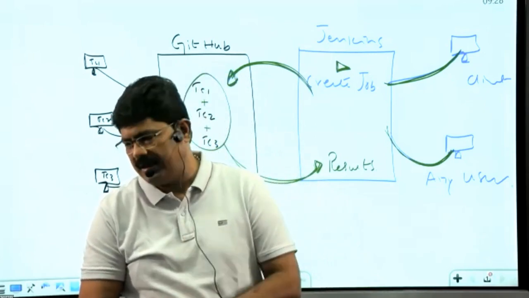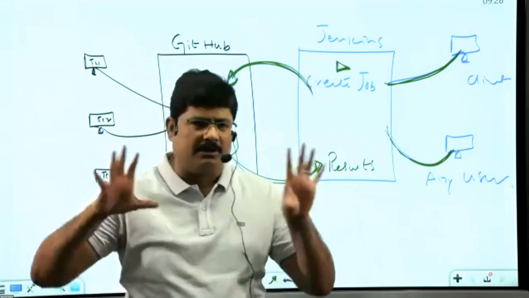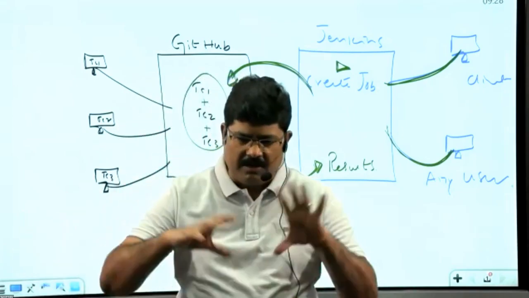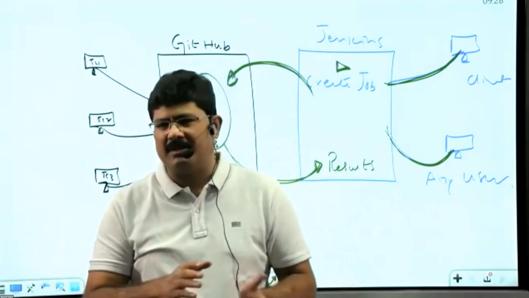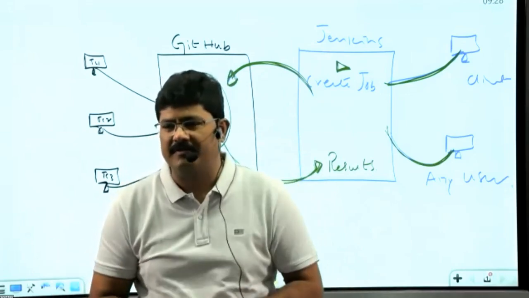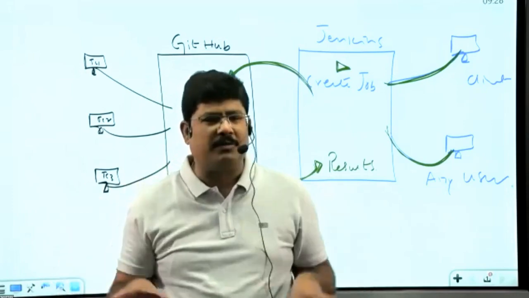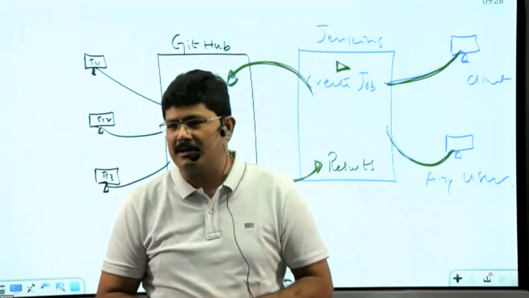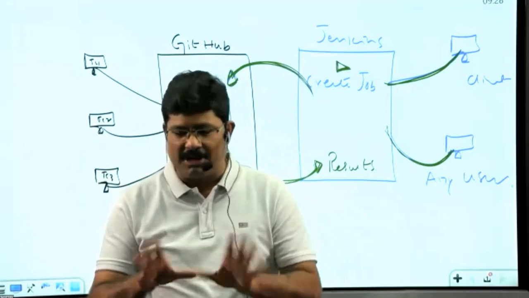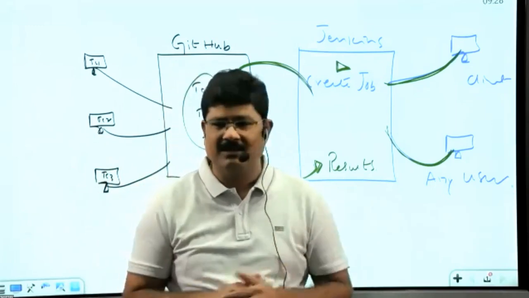Clear about this, right? For bigger projects, with many team members working from different locations, only then do you need GitHub and Jenkins. When you talk about a small project with small teams, this kind of management is not needed. In the local environment, you can easily manage.